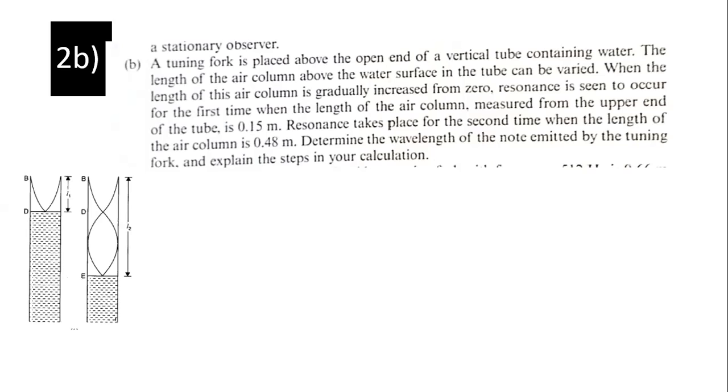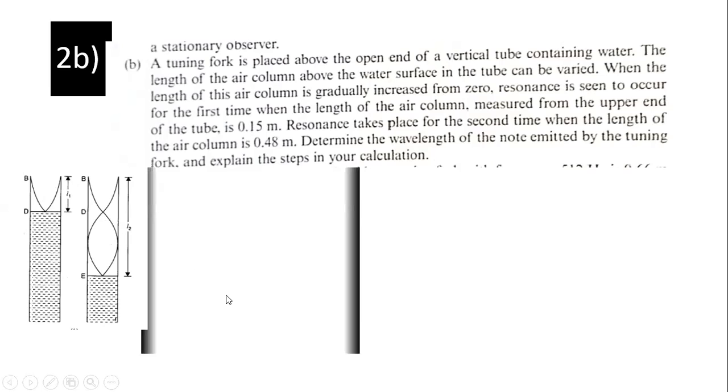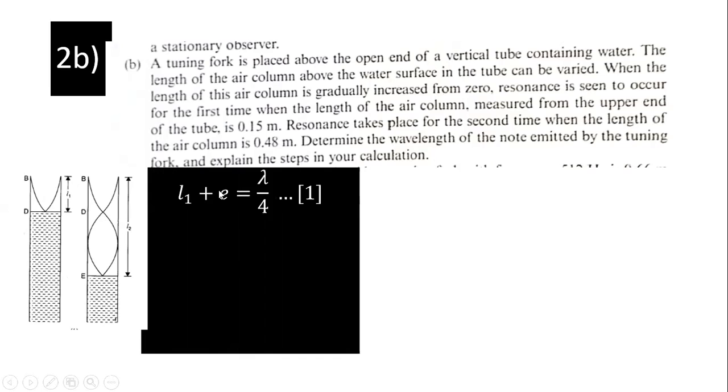Okay, have a picture in your head, either you draw or in your head. That is your mode of vibration. Remember here, the wavelength or the frequency is constant, but you are changing the length of the closed tube. So the first one, this is L1.